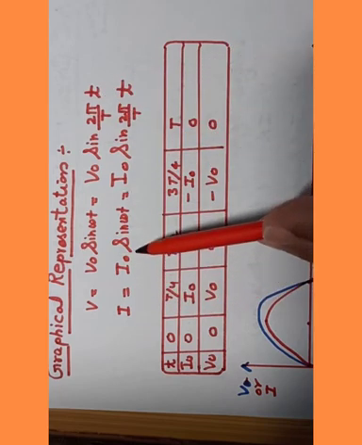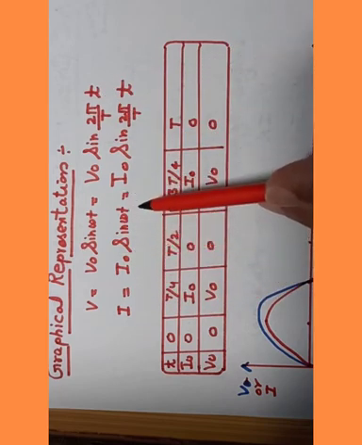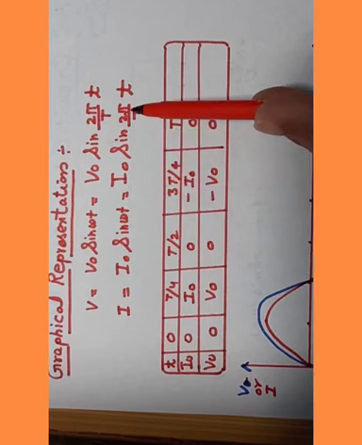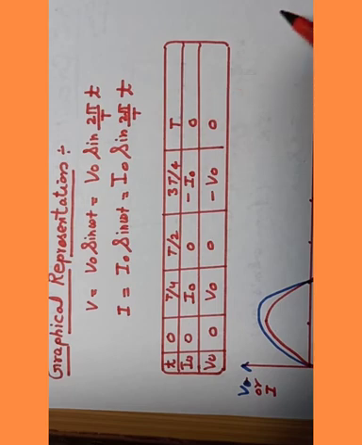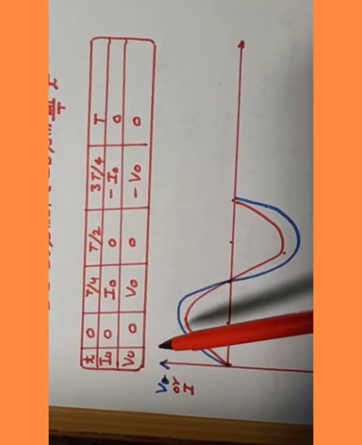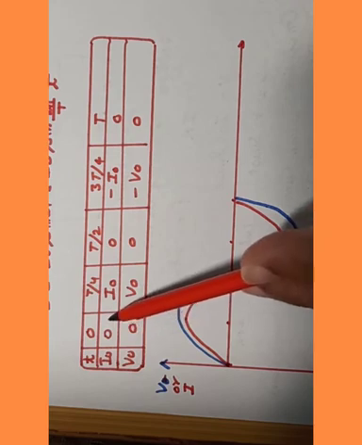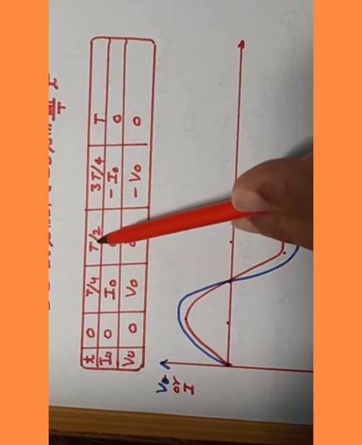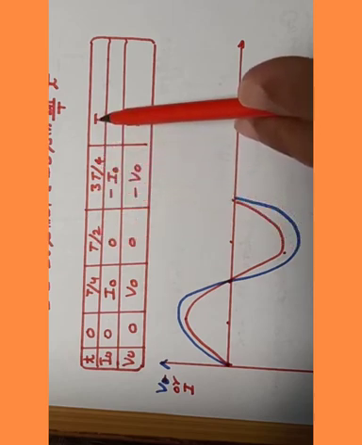Similarly, I equal to I naught sine omega t, which in terms of capital T becomes I naught sine 2 pi by T into t. Make a table like this, where the time varies like this: 0, T by 4, where capital T is the time period, T by 2, 3T by 4, and T.